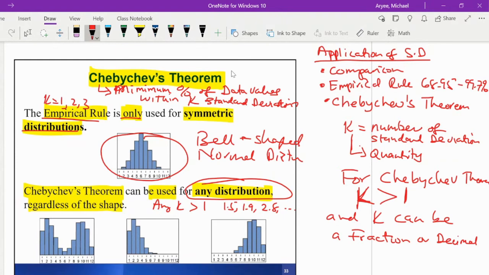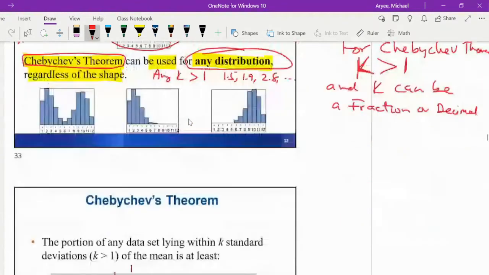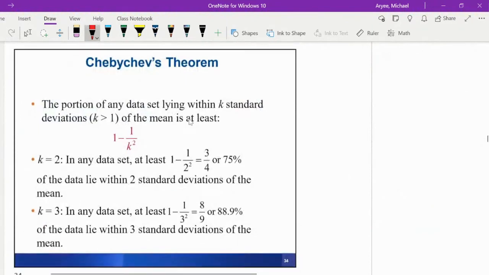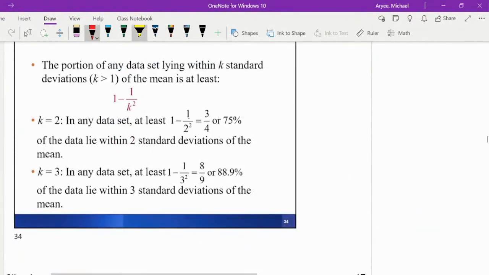And because of that, the important word in Chebyshev is that it deals with the 'at least', the minimum percentage of the data that lies within a particular k. The proportion can also mean the percentage of any data set lying within k standard deviations, where k is greater than 1.